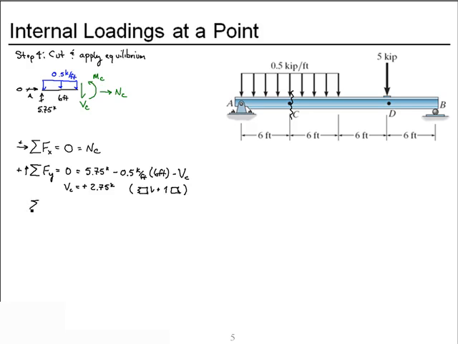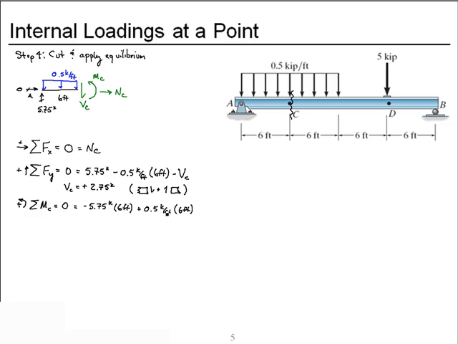Now some moments. We'll go about point C, and I'll choose counterclockwise as positive. Have the contribution from the reaction at A going in the other direction. Contribution from the distributed load.